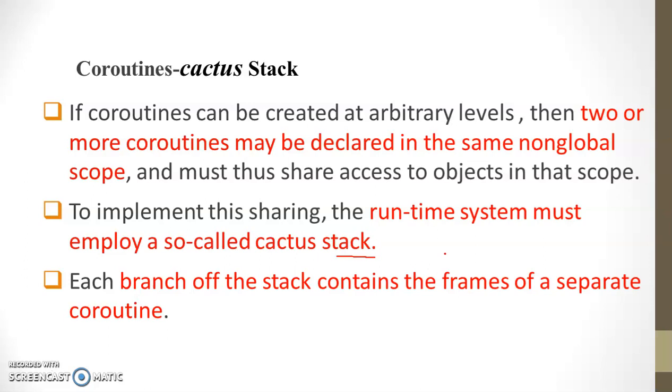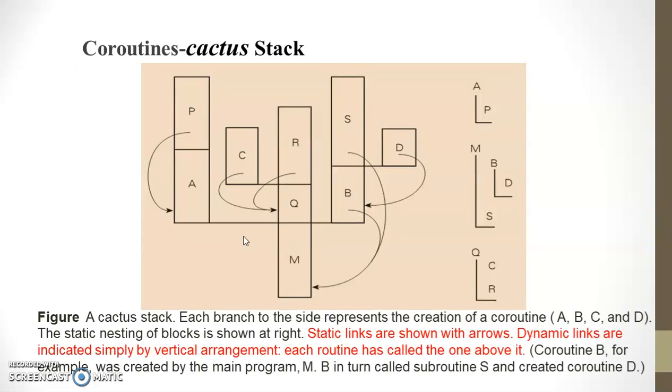So in order to implement the stack operations, we make use of a concept called a cactus stack, in which each branch of the stack contains the frames of a separate coroutine. This represents a cactus shape, and that's why it is called the cactus stack.